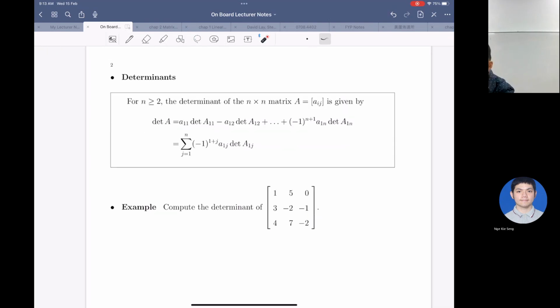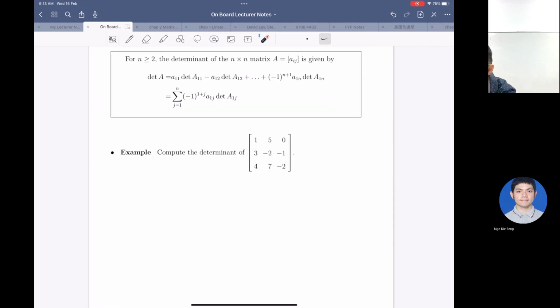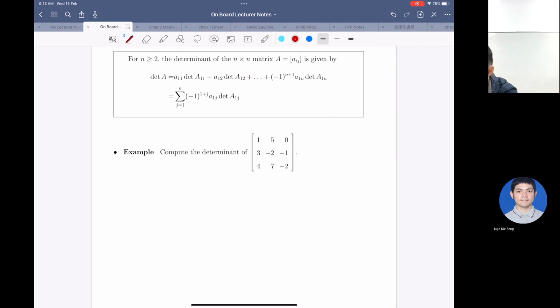Let us review what this definition is about using this example. The determinant of A is an alternating sum of Aij times the determinant of the minor. So how do you get the sign?